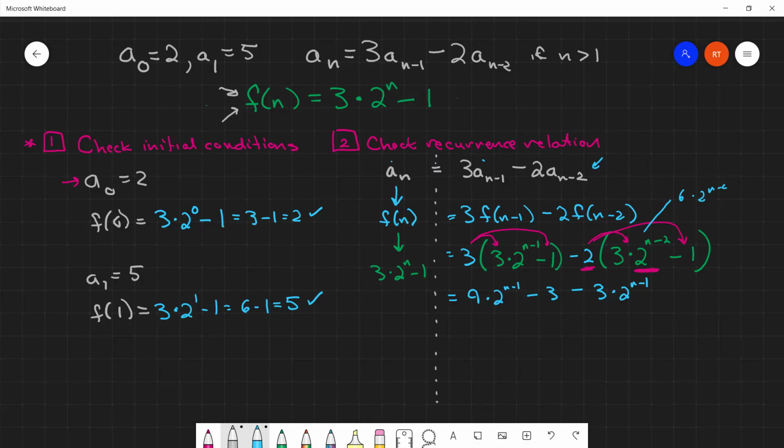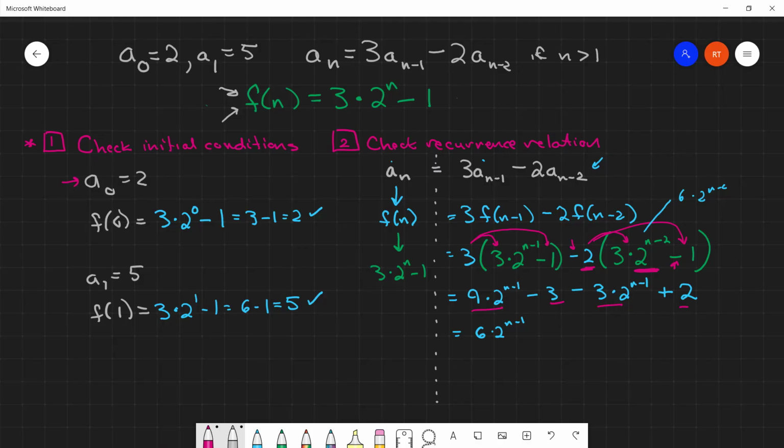And then finally, I need to multiply this 2 to the minus 1, which is going to give me a plus 2. It's 2 because 2 times 1 is 2, and it's plus because it's actually a minus 2 times a minus 1. We can now combine the first and third terms to get 6 times 2 to the n minus first, and also the second and fourth terms to get minus 1.